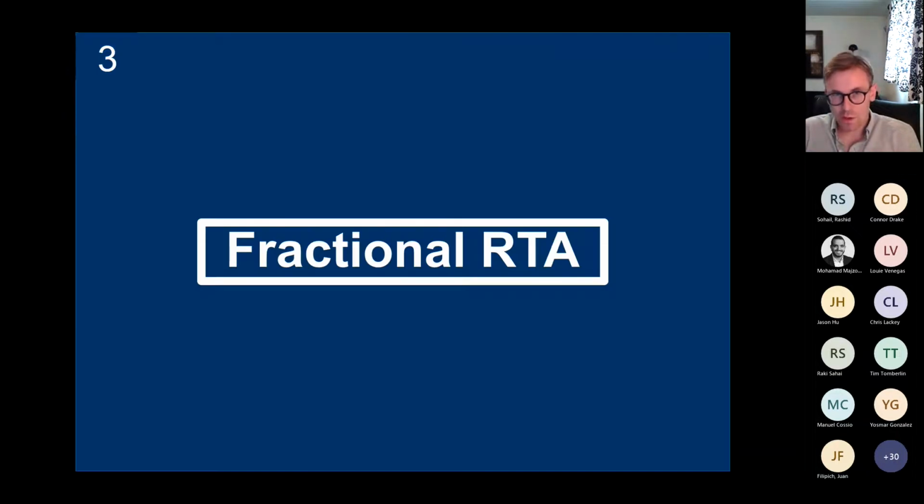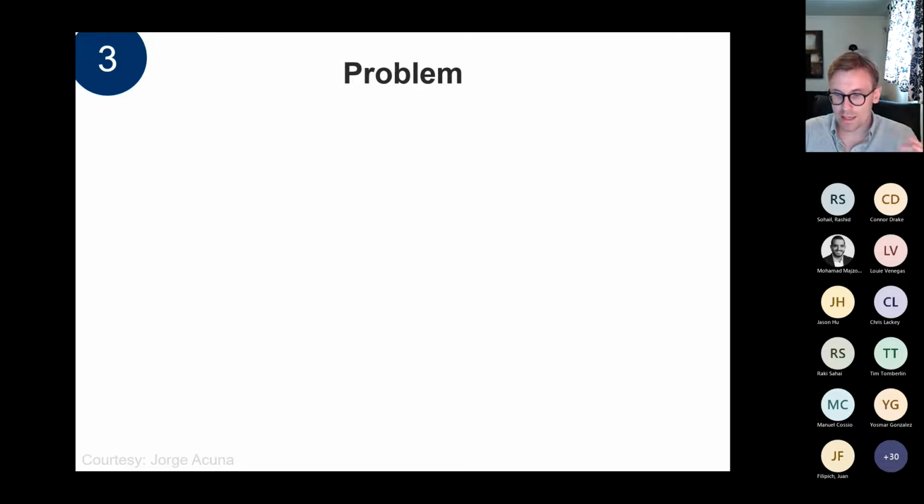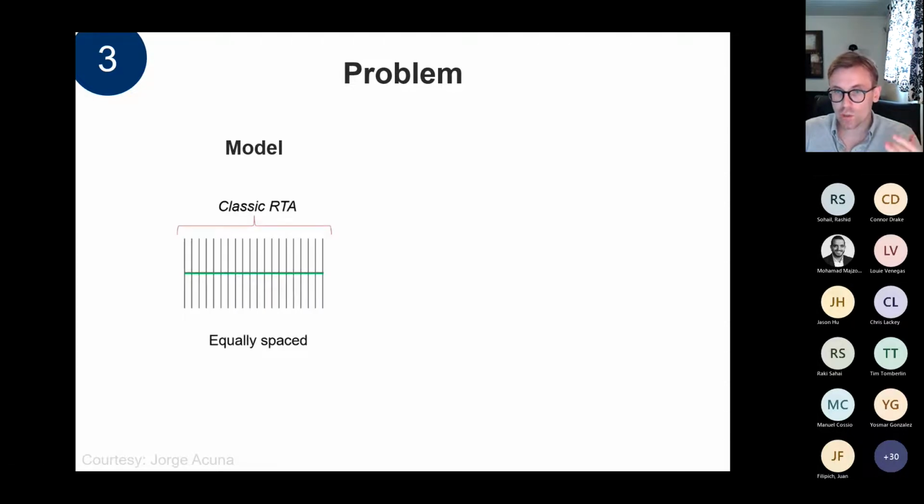The third thing I promised to talk about before we're actually going to run through a well is what we call fractional RTA. Fractional RTA solves an inherent problem with both classical RTA and numerical RTA. That problem is that all these models that we typically apply in the industry assume that the fractures are equally spaced.